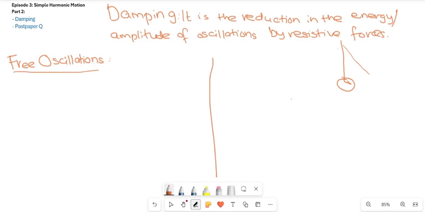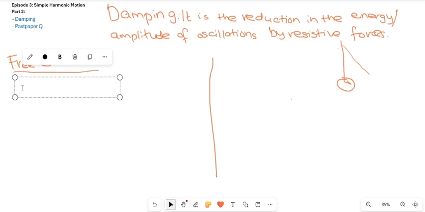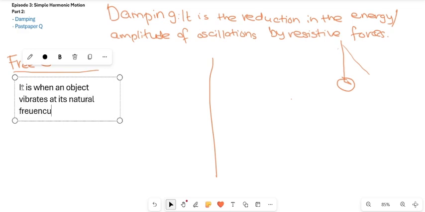Free oscillations. Okay, I'll type this out so that it's faster that way. What are free oscillations? It is when an object vibrates at its natural frequency. It's not something very difficult.